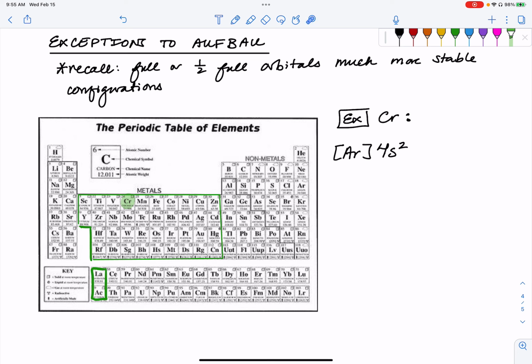And then if I were to keep going, this would now be my 3d, because I'm now in the D block, 3d4. So this is what we would expect or predict from our periodic table.